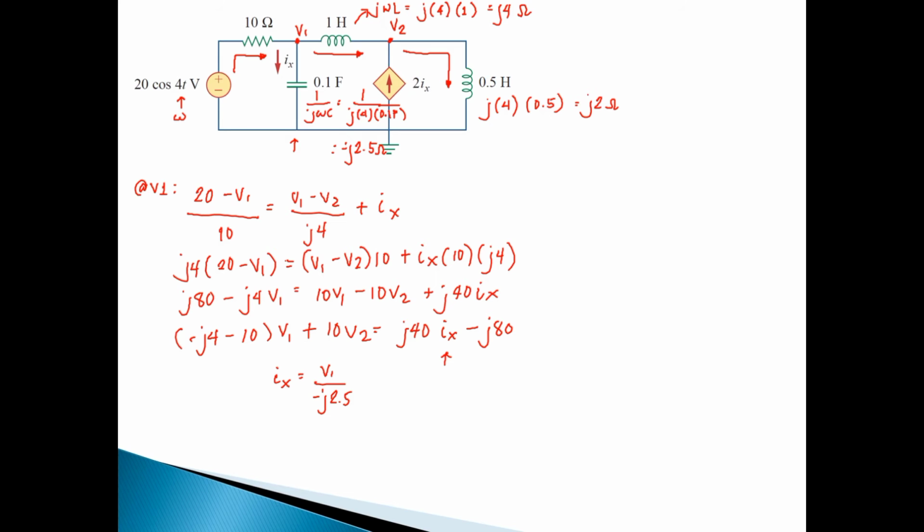So let us substitute this value of Ix in this equation. We have (negative j4 minus 10) V1 plus 10 V2 equal to j40 times V1 over negative j2.5, minus j80.